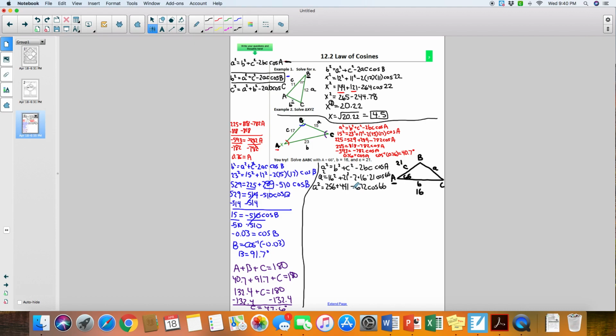So I'm going to multiply my 672 cosine 66, and you can actually combine like terms and do your multiplication in the same step, but I'm going to go ahead and do multiplication first this time. So I'm going to leave this alone.